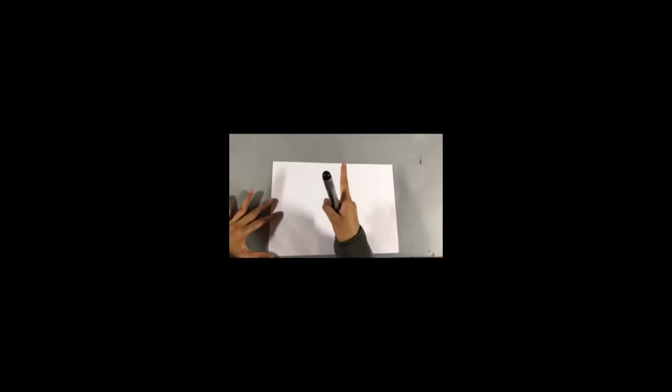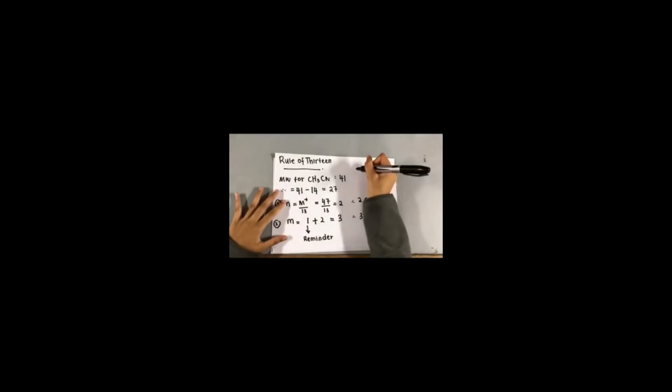The value of 1 is referred to as the remainder. Oops! I forgot to mention that n refers to the number of carbon, while m refers to the number of hydrogen.